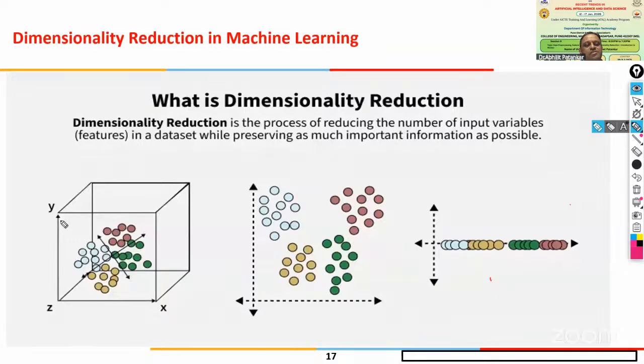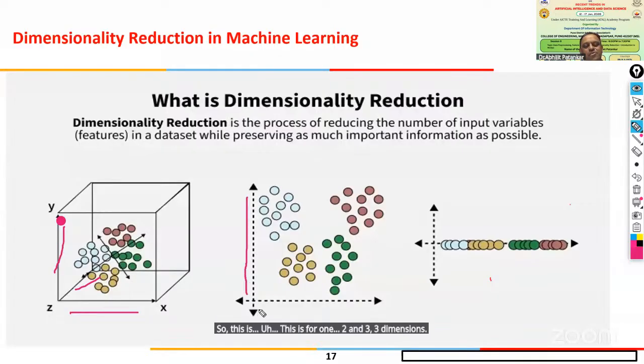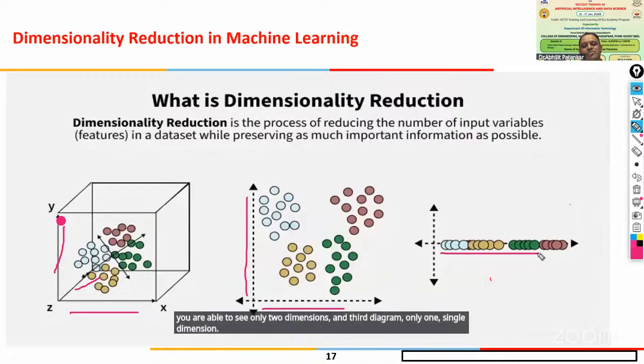So this is for 1, 2, and 3 dimensions. In the second diagram, you are able to see only 2 dimensions, and in the third diagram only 1 single dimension. So what is happening?